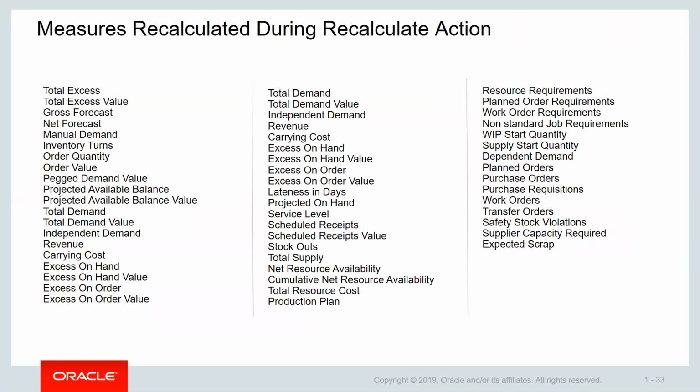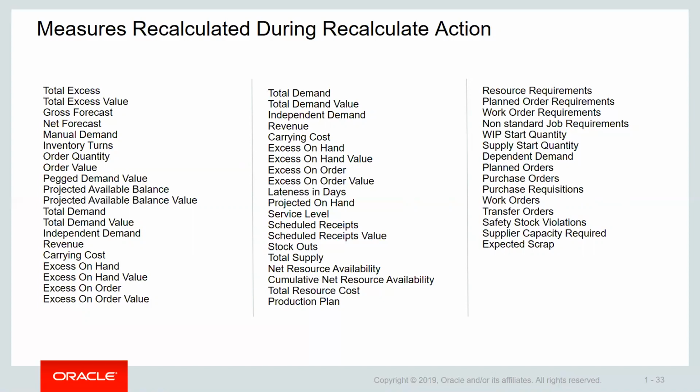Here we have the complete list of planning measures that are recalculated upon a recalculate action. For example, when user chooses a substitute component for a plan order, the supply, demand, and projected available balance measures for the old and the new components are updated.